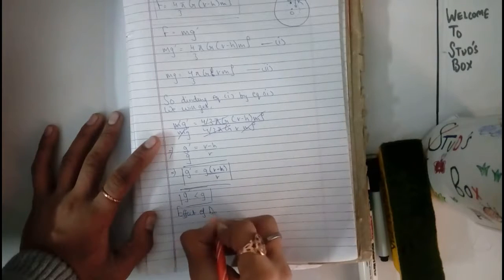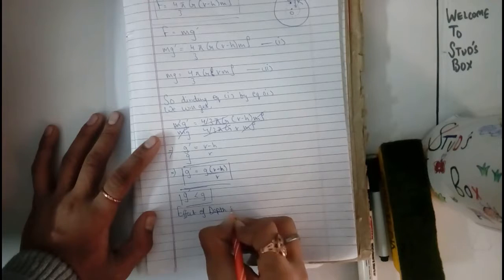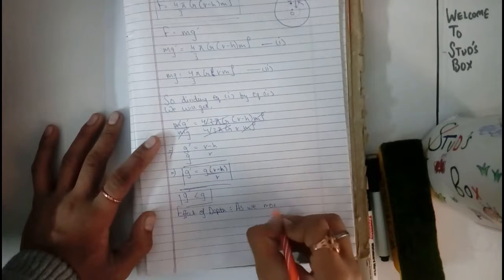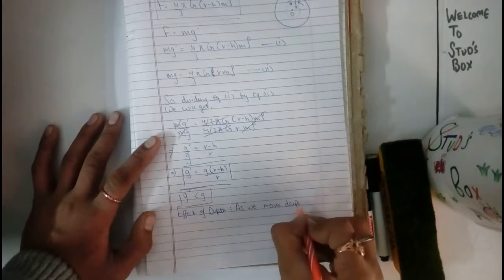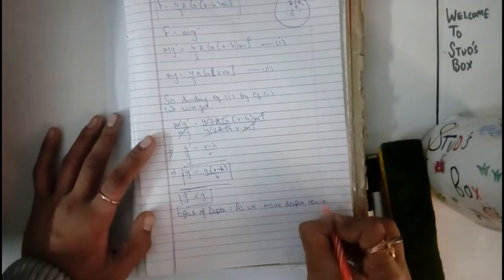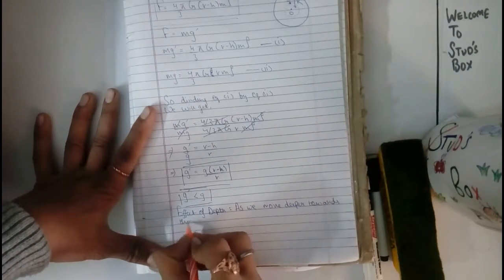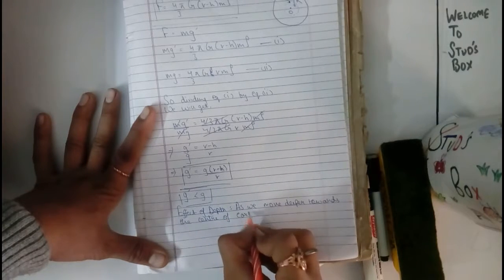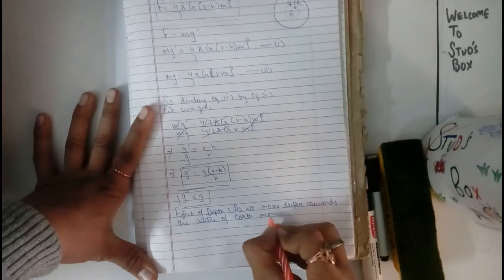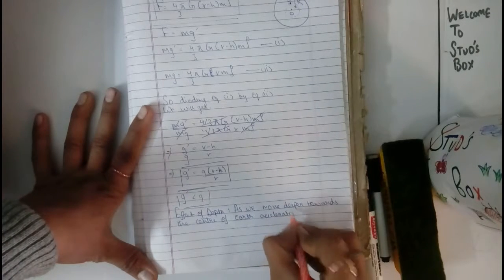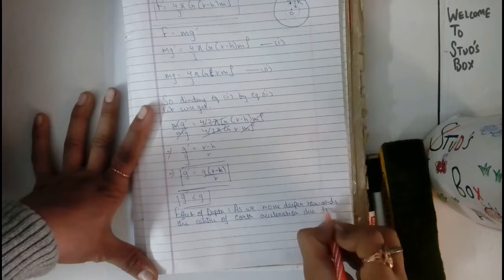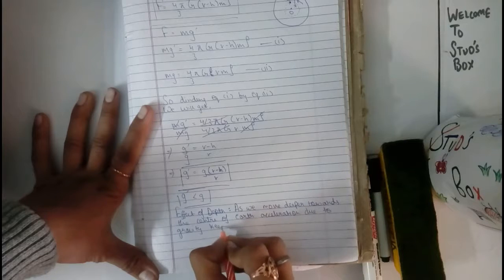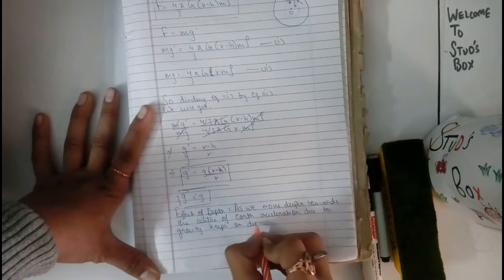Effect of depth. So the conclusion is that as we move deeper towards the center of Earth, acceleration due to gravity keeps on decreasing.